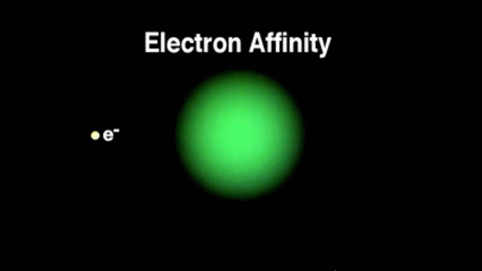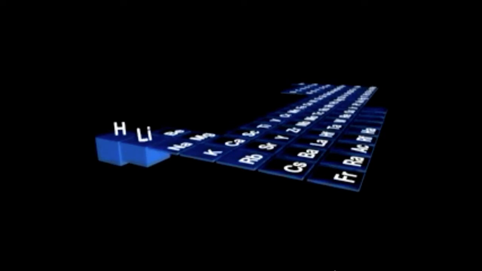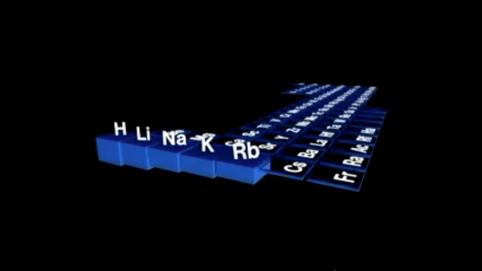The electron affinity is the energy change that occurs when an electron is added to a gaseous atom or ion. For most neutral atoms, energy is released when an electron is added. Because energy is lost from the system in such a process, the electron affinity is a negative number. The electron affinity declines slightly as we move from hydrogen to rubidium in group 1 of the table.